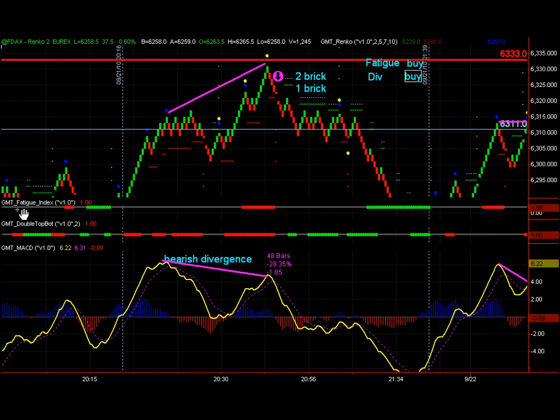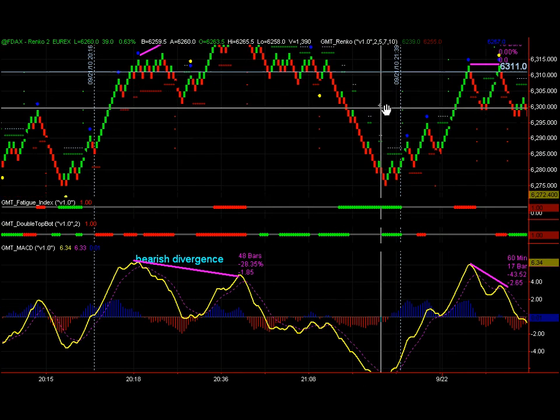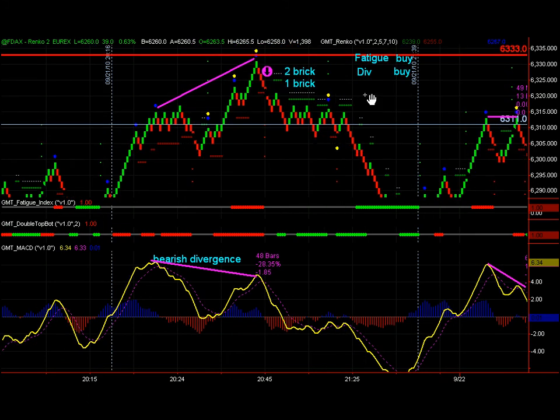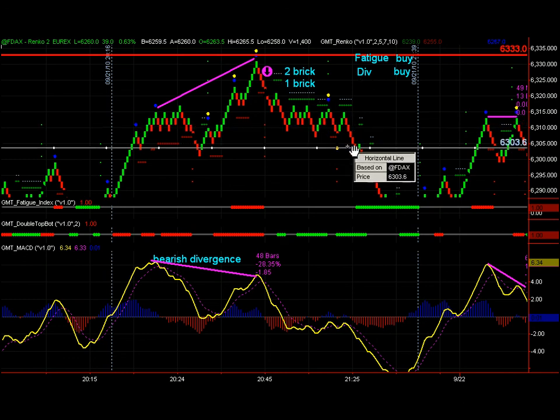So if our fatigue index sets up a buy, which it hasn't, it's starting to here, but obviously that's much lower down, telling us that the market's oversold and a potential buy setting up, which it does here. So unless we get a fatigue buy, we're still in this trade, and unless we get a divergence buy, which we potentially almost got here.